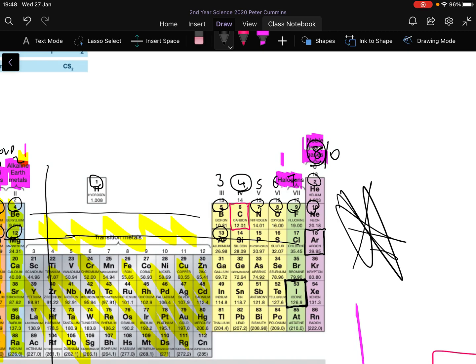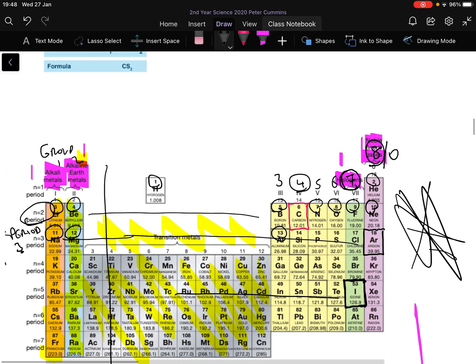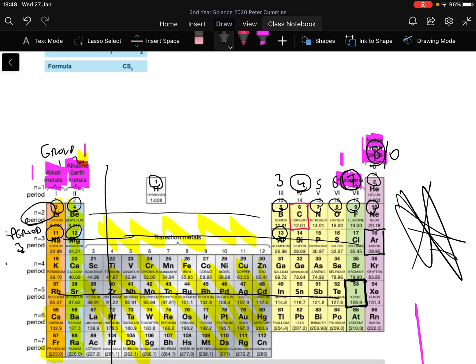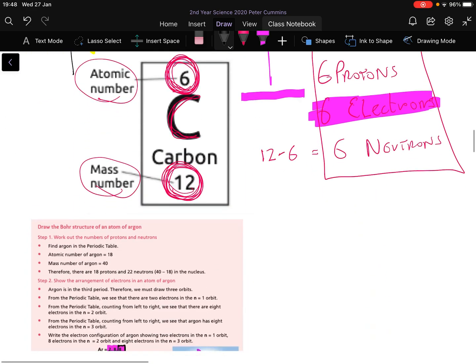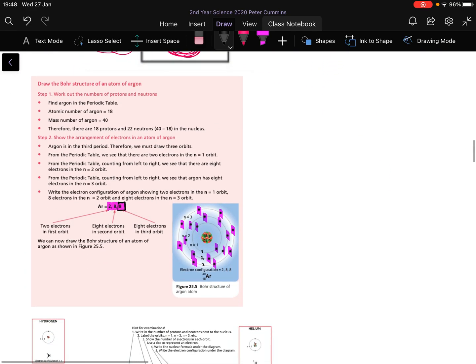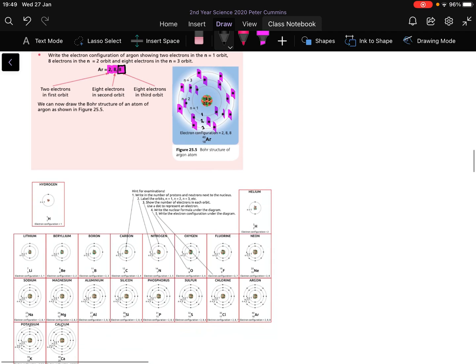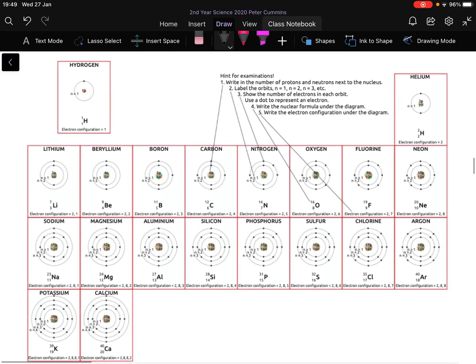So I know straight away that because it's in group 7, iodine has 7 electrons on its outer shell, and it's going to have 5 shells because it's in period 5. So I can tell a lot without having to draw it out: how many electrons it has in its outer shell, and how many rings it has with electrons in it.